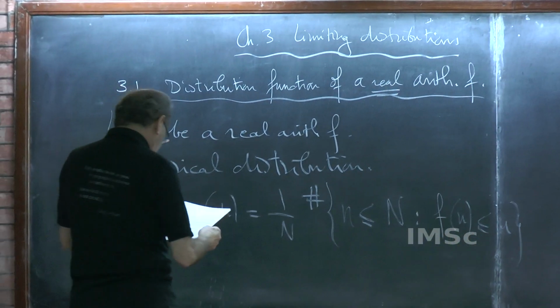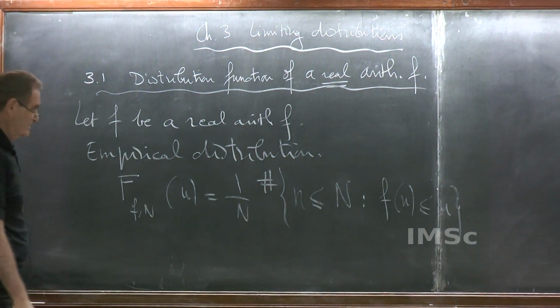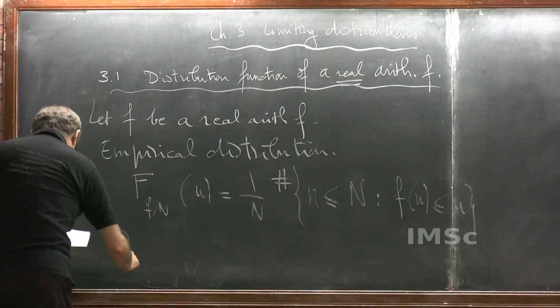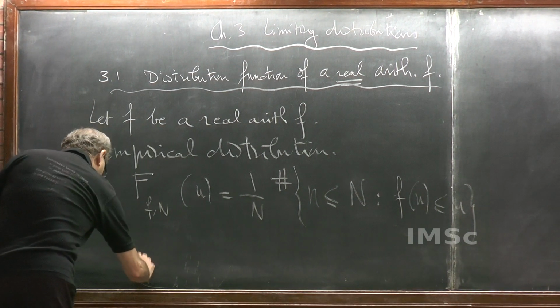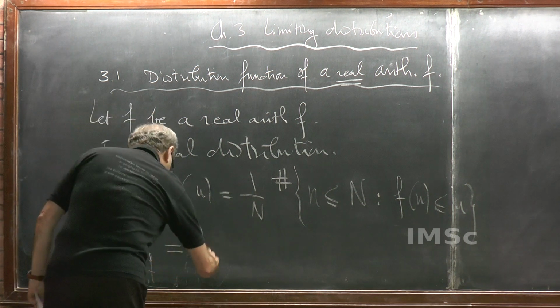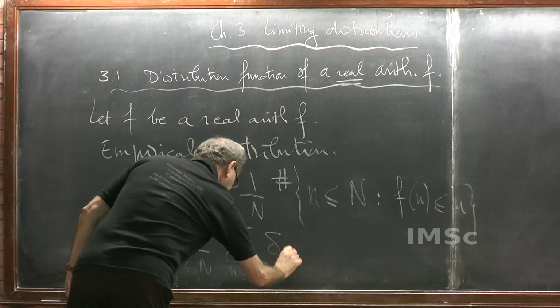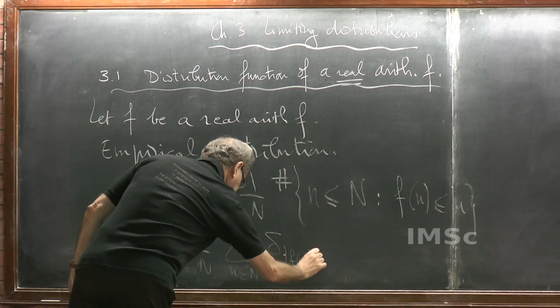Okay. So in some way, this is the distribution function which is associated to a measure. If you want to see it as a measure, it is associated to the measure which is 1 over n, summation n up to N of the Dirac measure at the point f of n.